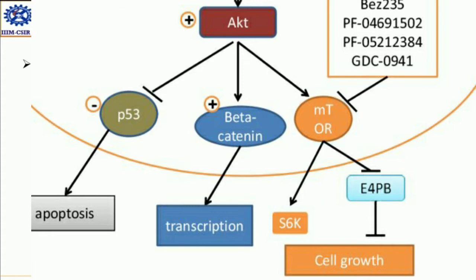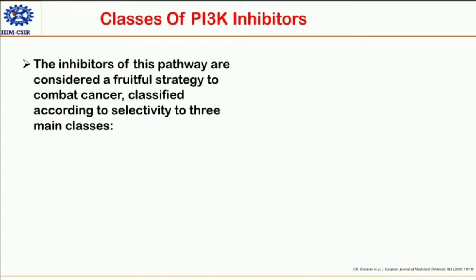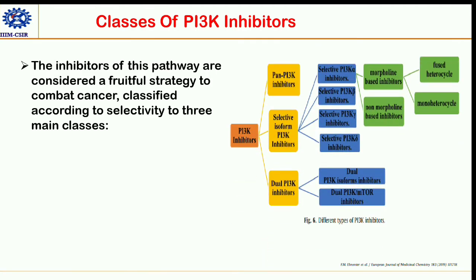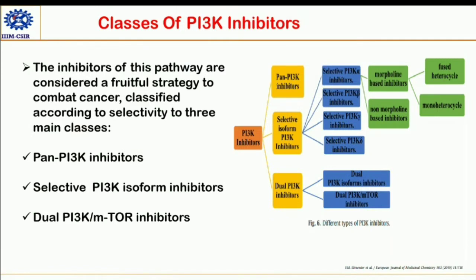The inhibitors of this pathway are considered a fruitful strategy to combat cancer, and these inhibitors are classified according to their selectivity into three main classes: first, pan-PI3 kinase inhibitors; second, selective PI3 kinase isoform inhibitors; and third, dual PI3 kinase mTOR inhibitors.